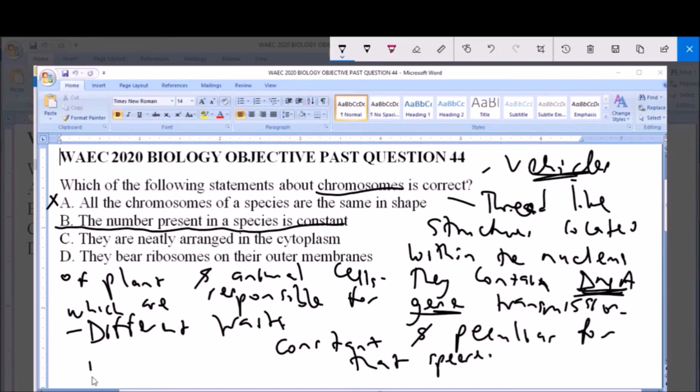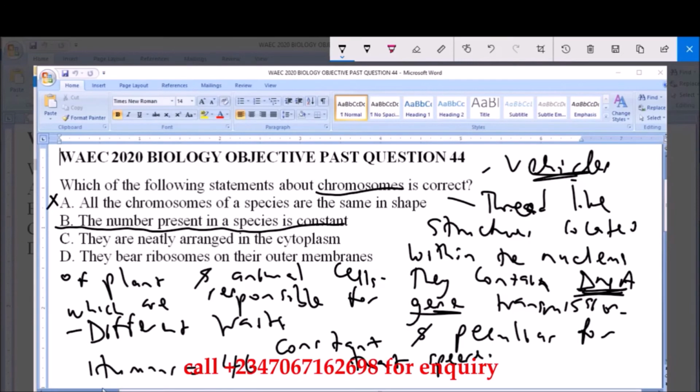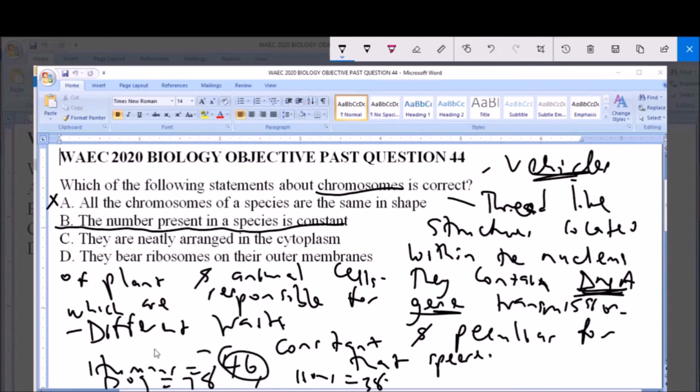For example, in humans you have 46 chromosomes, in dogs 78, and in lions 38. If there is any alteration in the number, it brings about abnormality in one trait or the other.